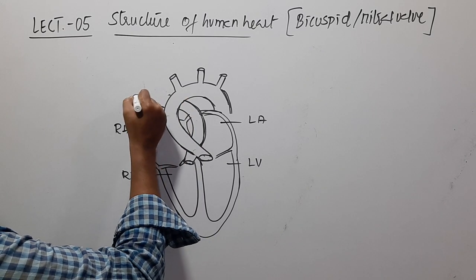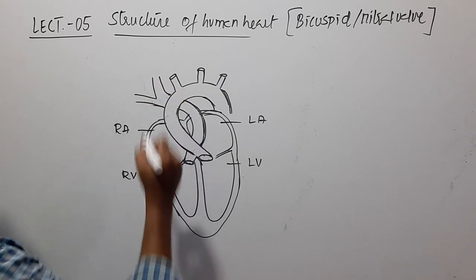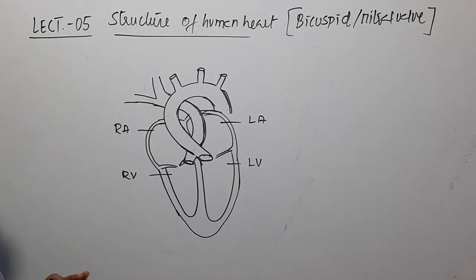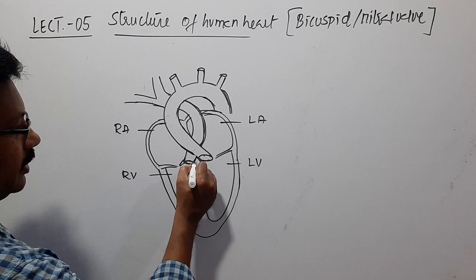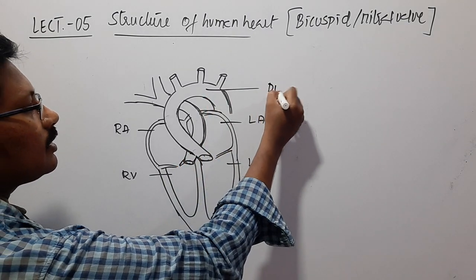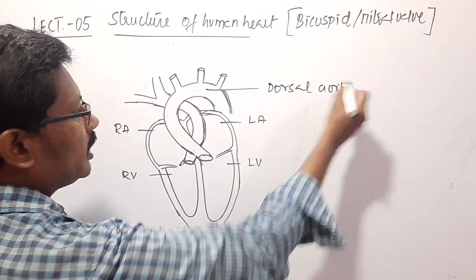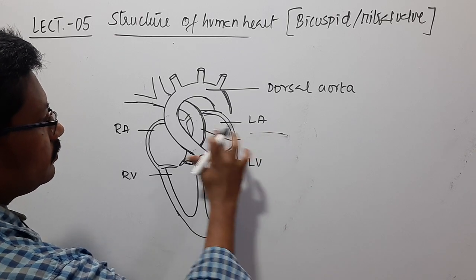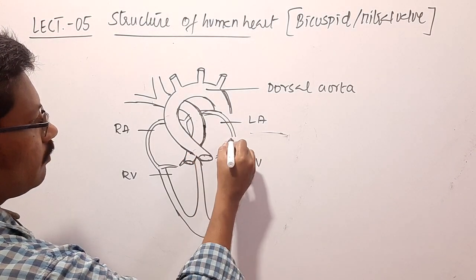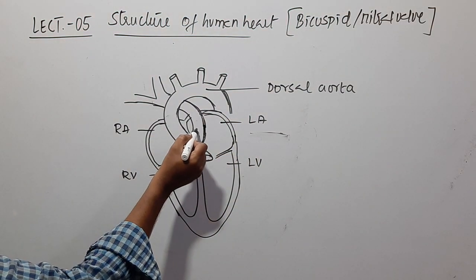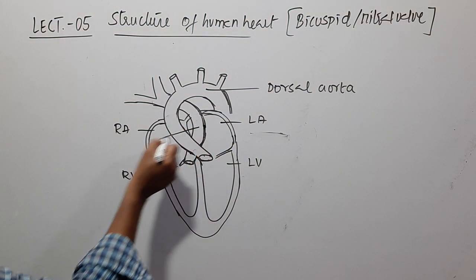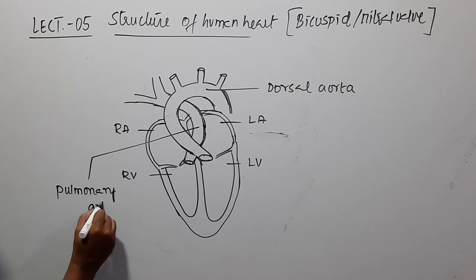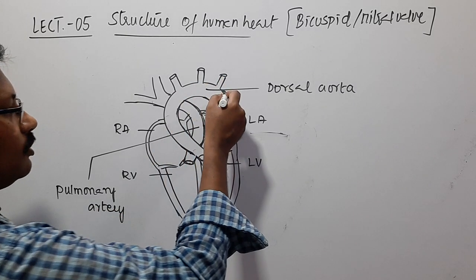It divides into left and right pulmonary arteries that supply both the lungs. Here you can see this is the dorsal aorta, and this one is the pulmonary artery.